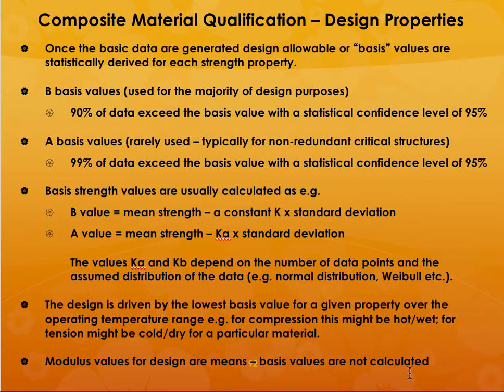Okay, so for the B basis values, typically you have to test at least 18 samples, and for the A basis value you have to test at least 55 samples, especially for composites.